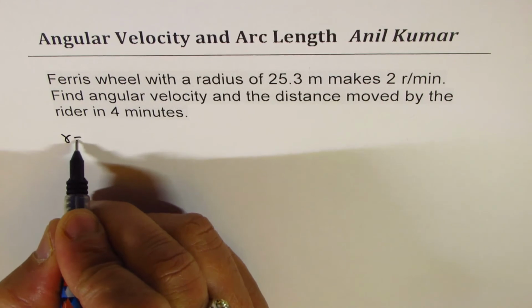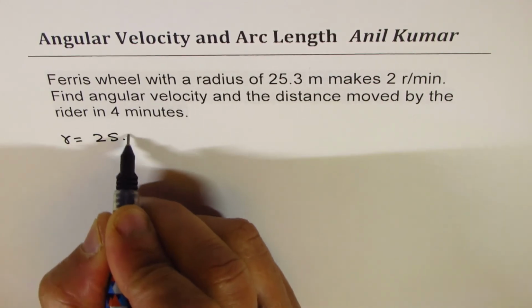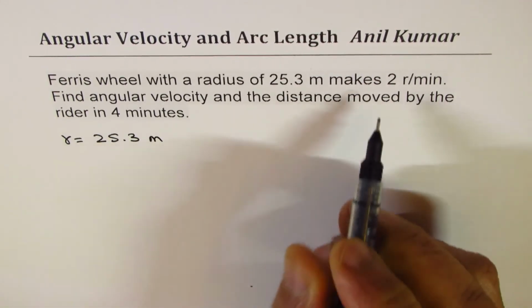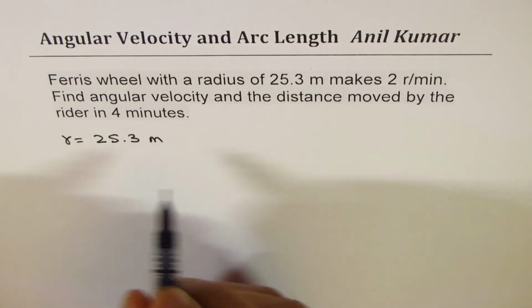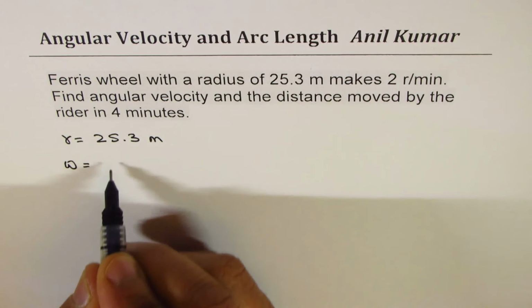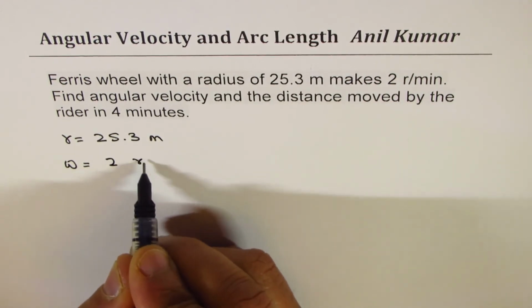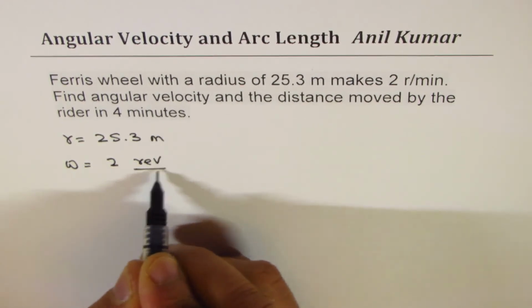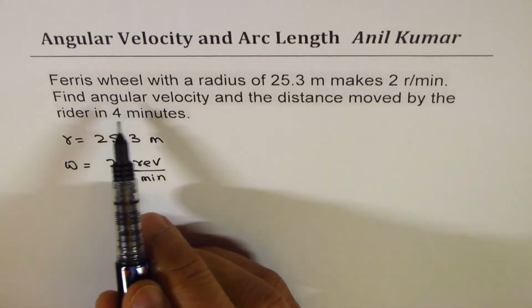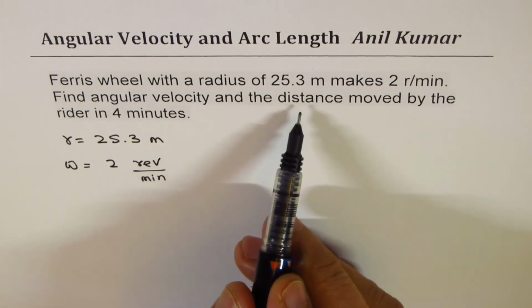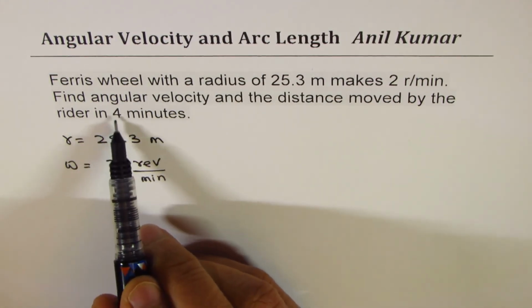So we are given a radius of 25.3 meters, makes 2 revolutions per minute. So that is angular velocity. However, the units are 2, let me write revolution as REV per minute. Now the question is find angular velocity and the distance moved by the rider in 4 minutes.